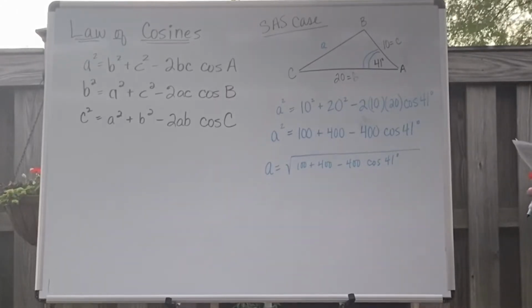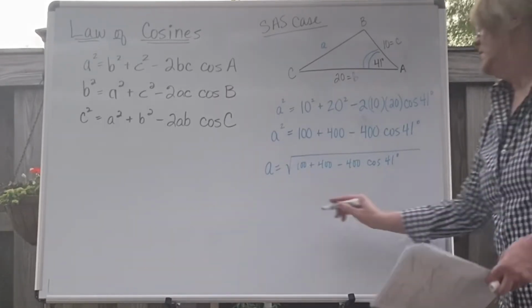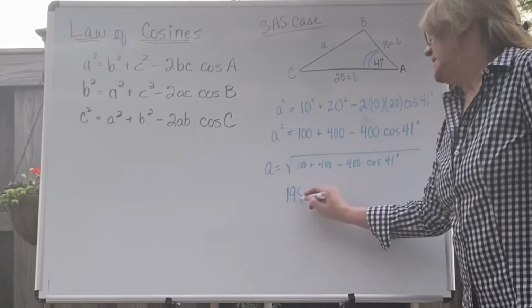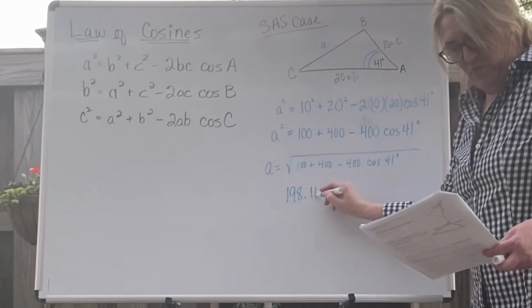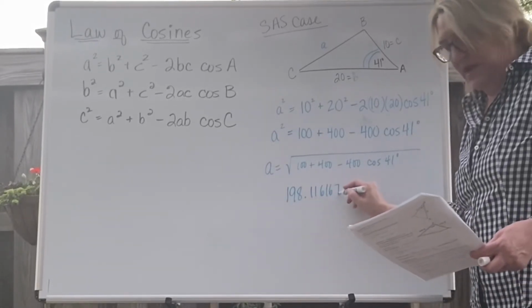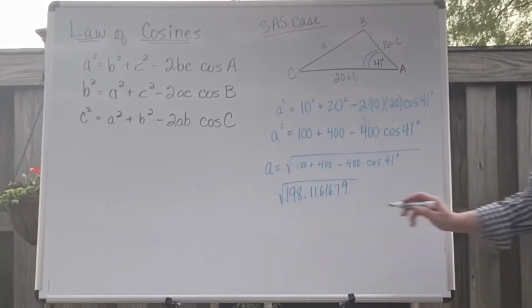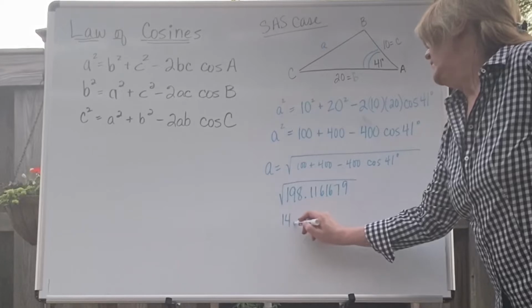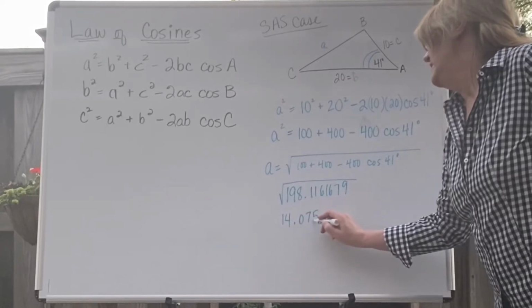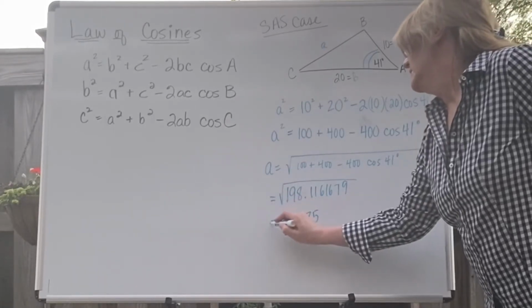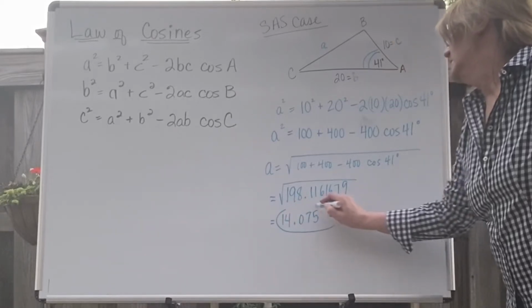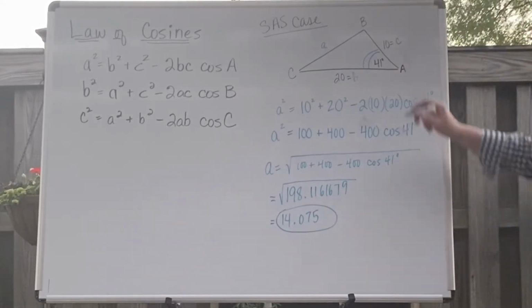So that number under the radical is 198.1161679. And so little a is 14.075. And that's this side length.